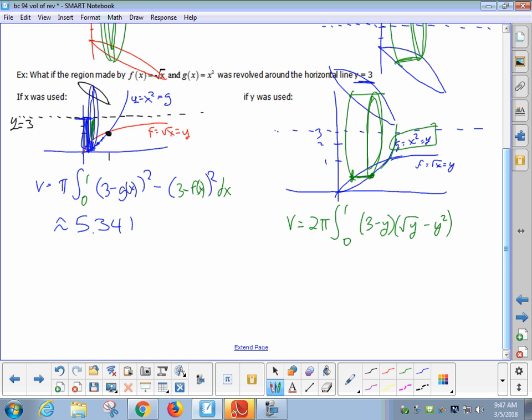It feels like that should be negative because square roots are less than, but remember for numbers between 0 and 1, it's the opposite. Square roots are greater and y squareds are less. So throw that in your calculator. Because it's the same region, it should be the same answer. We just used a different approach.